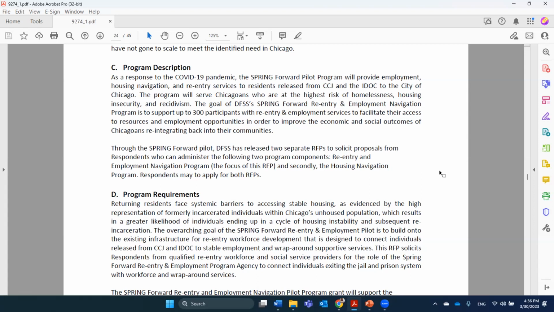Say that you read the goal of this RFP and you agree with the outcomes, but maybe your organization doesn't do the activities. Paying attention to what other opportunities could be from the same funder is helpful to keep in mind if you believe in the outcomes of a program or funding opportunity, but maybe the activities don't align.